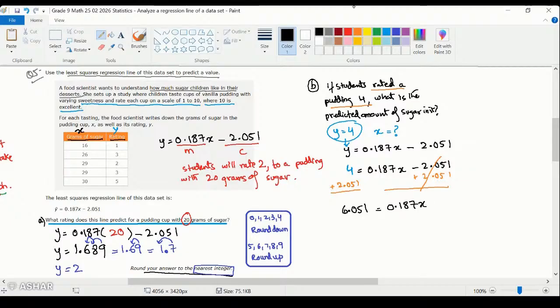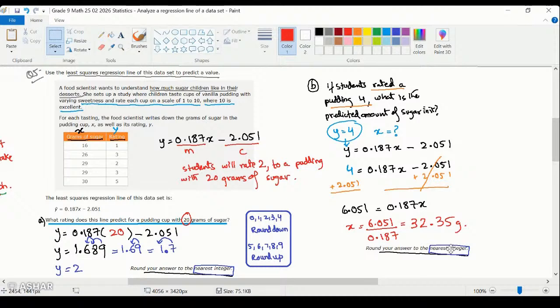Once we divide, we can say the value of x would come out to be 6.051 divided by 0.187. 6.051 when divided by 0.187, it comes out to be 32.35 grams, right? And let's suppose we need to round our answer to the nearest integer.